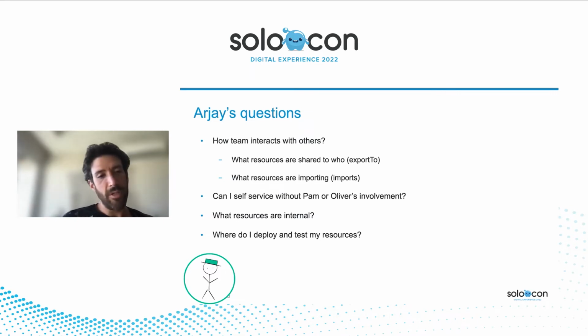This defines how the imports and the exports are set up. What's important is when can we self-service without involving admin or operations? Which resources in our workspace, which services are internal and which ones are external? And where are our configurations deployed and tested?